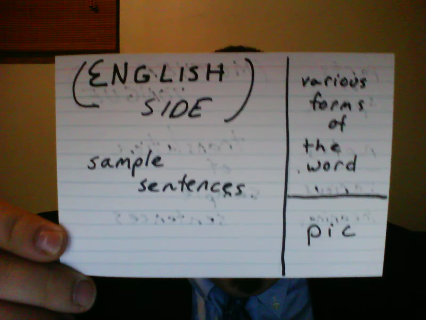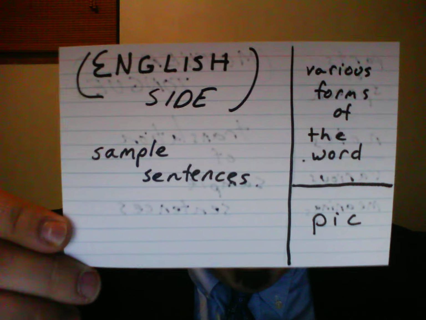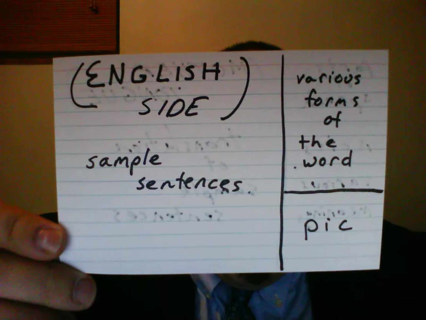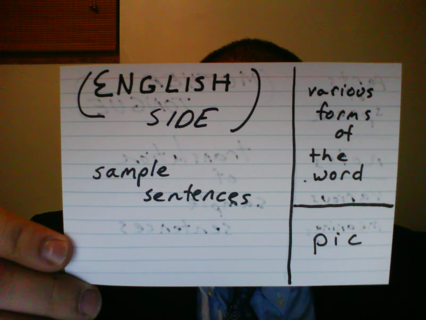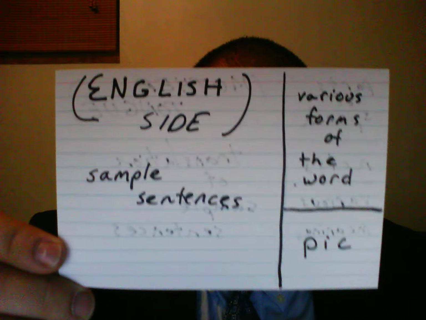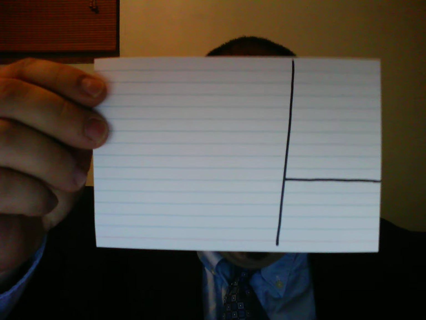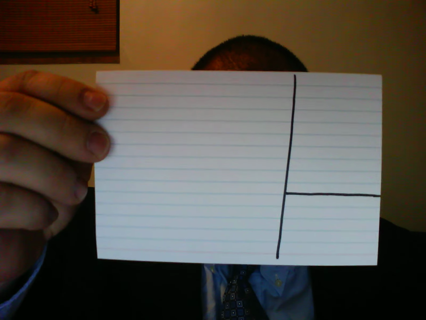So we'll take the word, we'll put various forms of the word, we'll make a picture, and we'll write some sample sentences, maybe 2 to 3. And this will be our English side. So let's concentrate on that, and then we'll move to the other side, which is the L1, or your mother tongue.